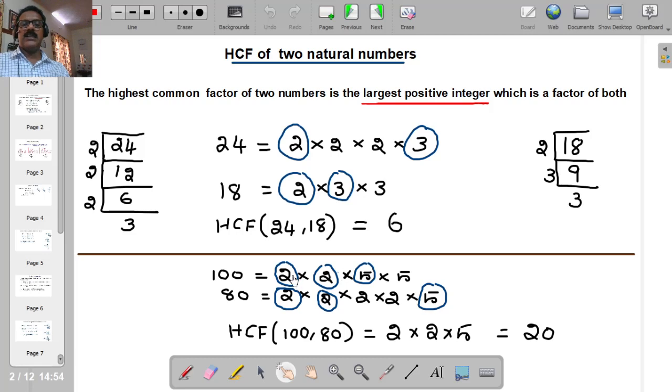We can see that two 2's and one 5 are occurring in the prime factorization of both 100 and 80. Two 2's and one 5 are the common prime factors of both 100 and 80. So HCF of 100 and 80 is 2 times 2 times 5 is equal to 20.